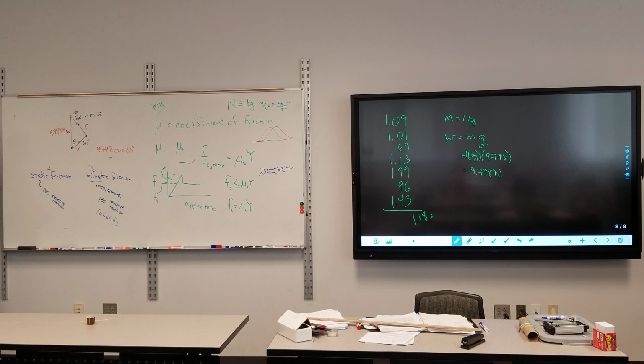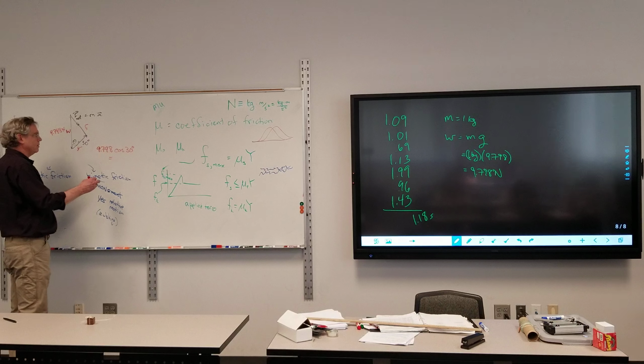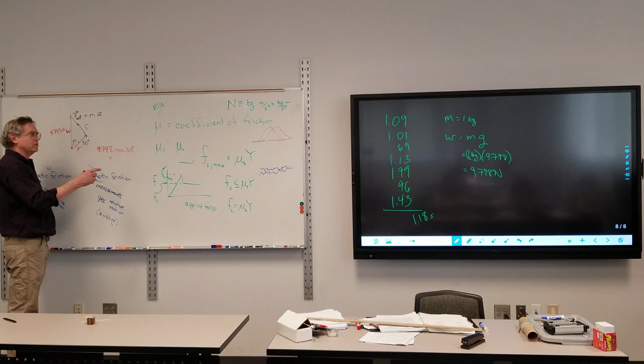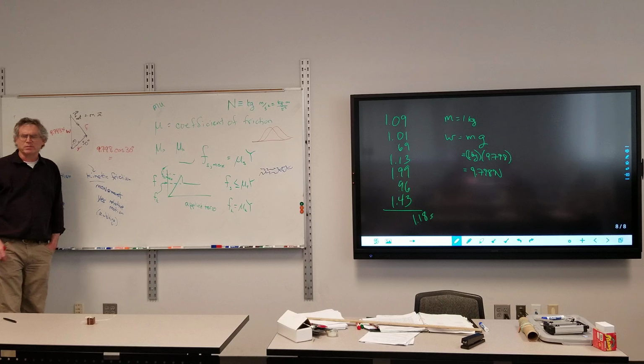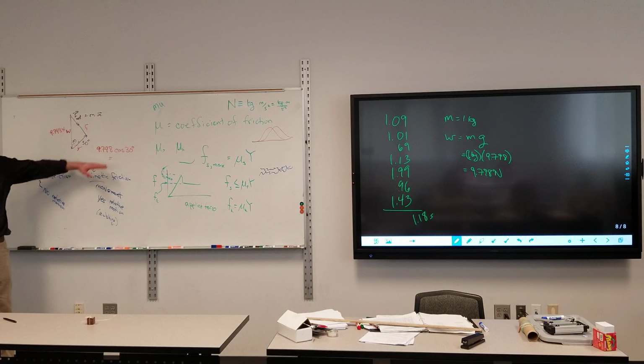8.66, 8.64. If someone would be kind enough. If you've got a negative, are you in radians? I got 1.5. Cosine of 30 degrees, no, it won't be 1.5 something.